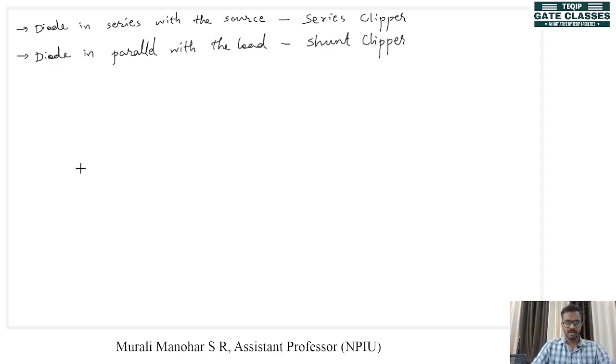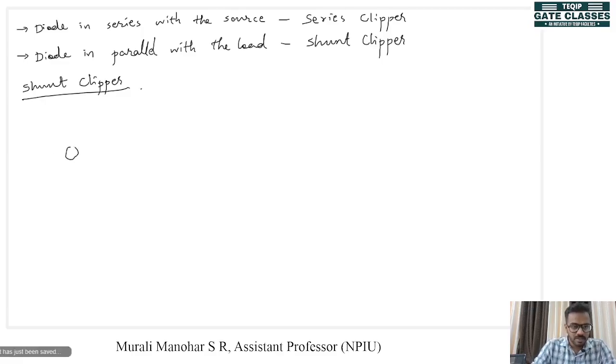Now let's see how a shunt clipper circuit looks. Here we have our source, a resistor, and a diode.